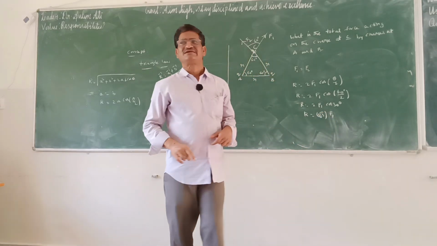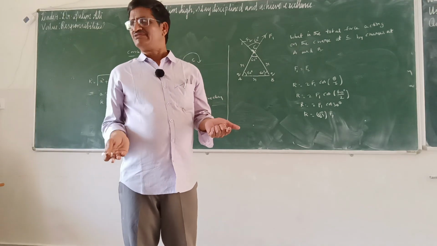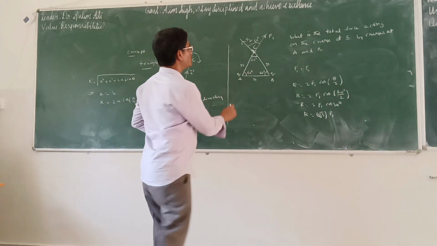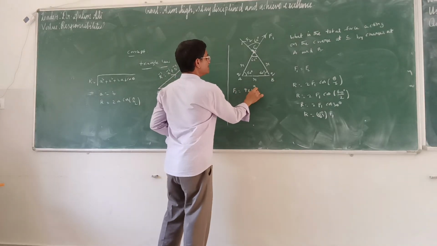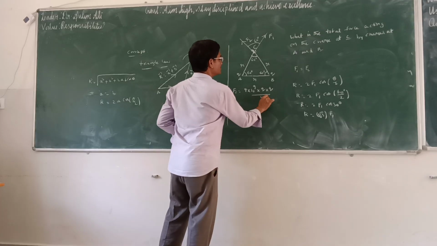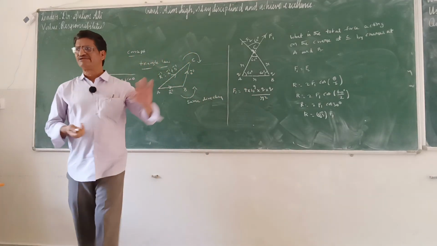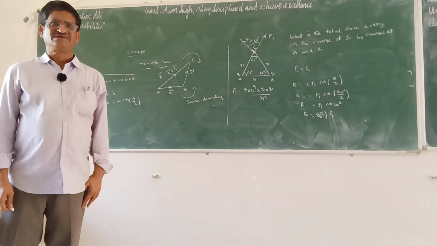F1 you can calculate from Coulomb's law. In 12th class it will come. Okay, so from Coulomb's law, 9 into 10 power 9, Q1 into Q2 by distance square. That you can calculate once the 12th class syllabus completes that chapter.